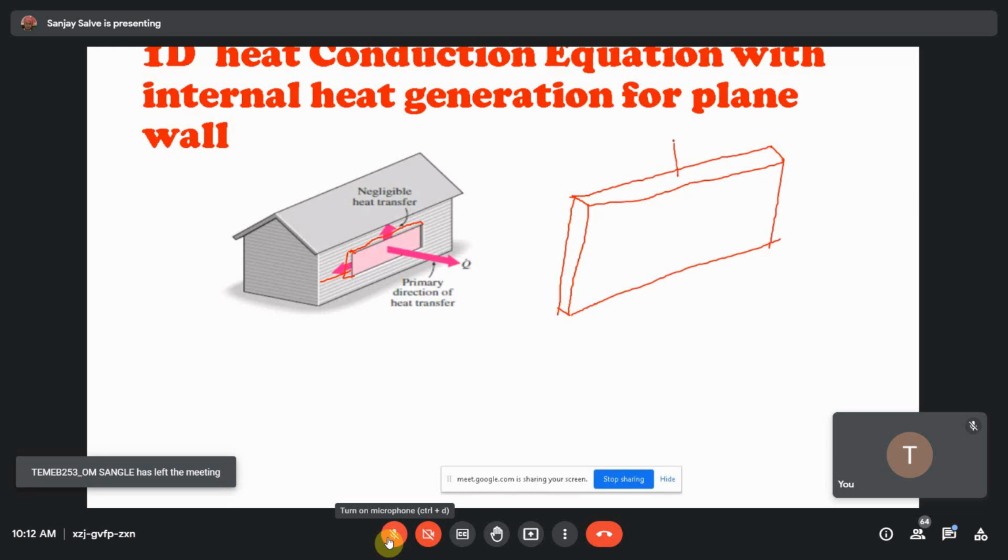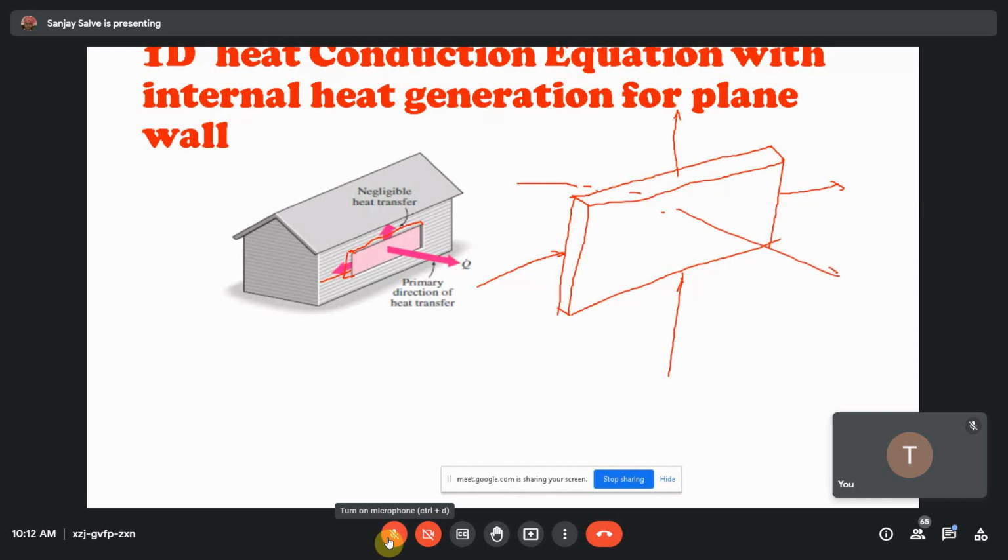So heat is flowing in this y direction. Heat is flowing in this z direction. Heat is flowing in this x direction. Now in this case, as it is a plane wall, what is the difference?